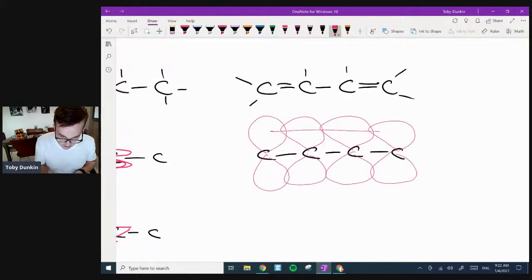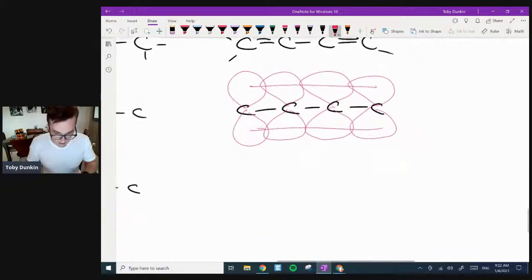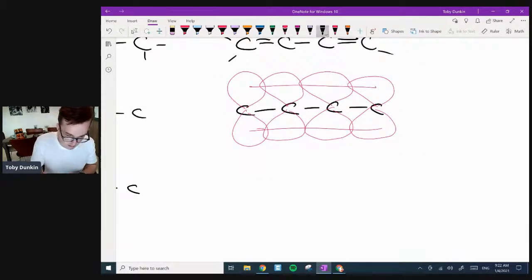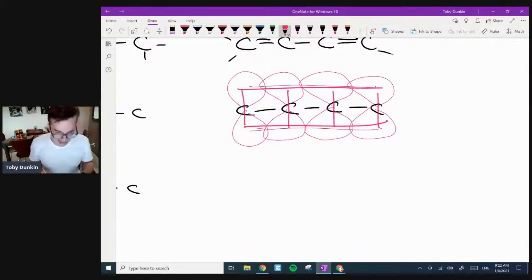And what you realize is they can overlap all the way across the molecule. And this is delocalized stability. They're all in the P orientation, the Y direction, the Y-axis. So we have this huge set of overlap, where all of these P's are linked together in one giant overlap. And then you can draw on the hydrogens that stick out.